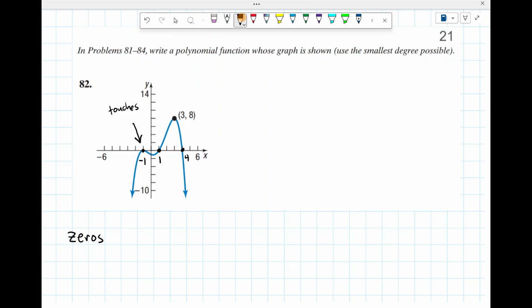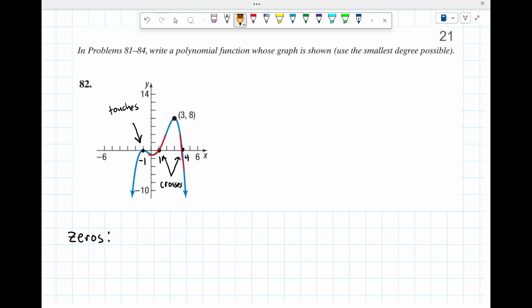Look at the other two x-intercepts. In both cases, here and here, the graph actually crosses. And again, notice if I'm going from the left to right, I crossed the x-axis at +1. Going from left to right, I cross the x-axis at +4.